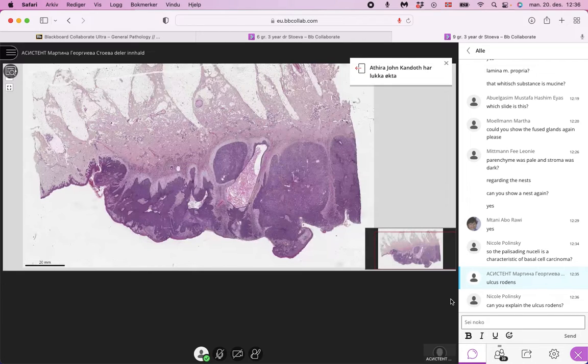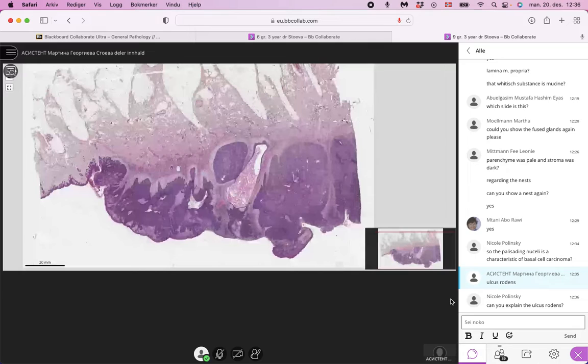Yes, the ulcus rodens is because of the gross description of the tumor, because it occurs as an ulcer. At the beginning, it occurs as a red papule.